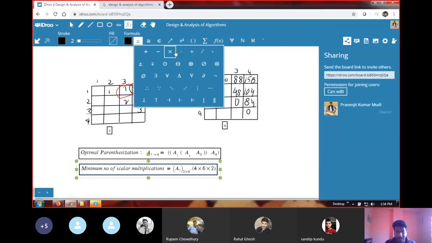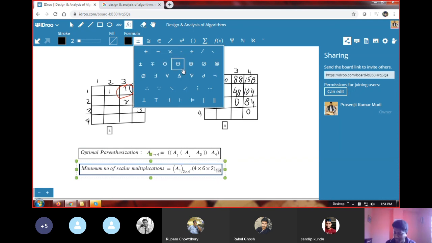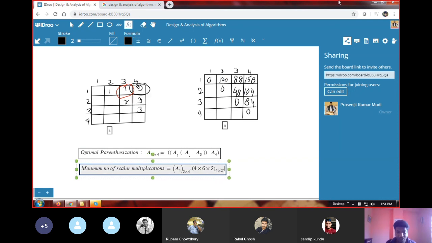After this multiplication A2 A3, I am getting the new dimension of the product A2 A3. What is that dimension? You specify over here. The new dimension is 4 cross 6 cross 2, that means 4 cross 2. Then dot, you give this bracket first here.